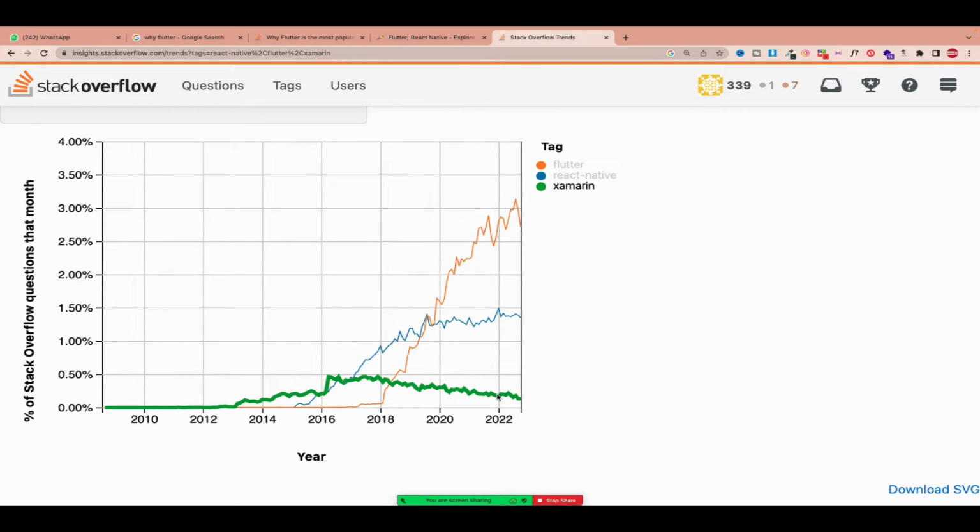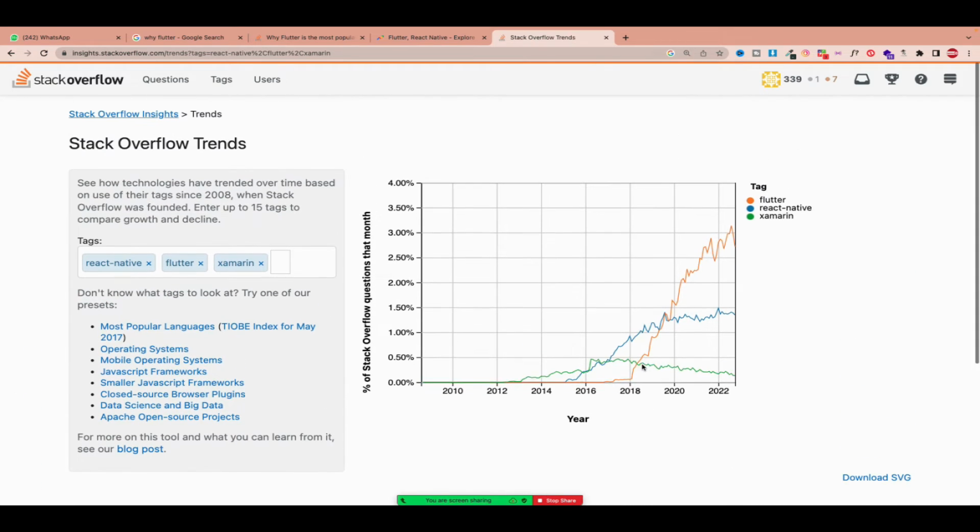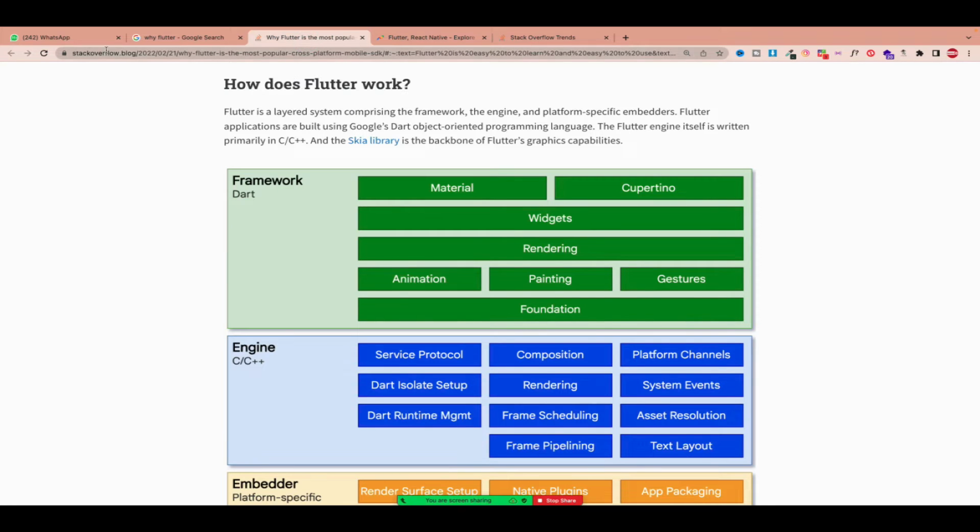If there's a specific company that wants the developer and you think that's where you want to be, then go for it. If it's what you like, no problem. But the community really matters, and you can see Flutter has the biggest community in these 3 platforms that provide cross-platform mobile application development.